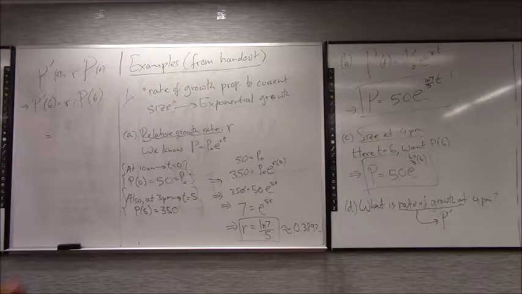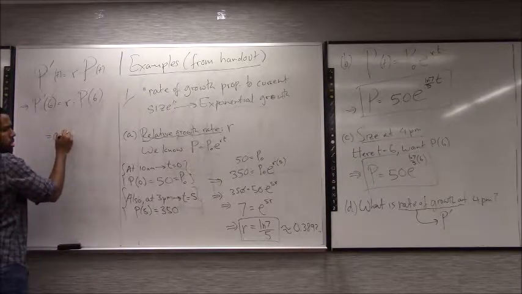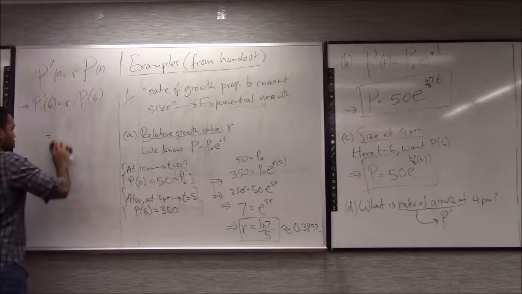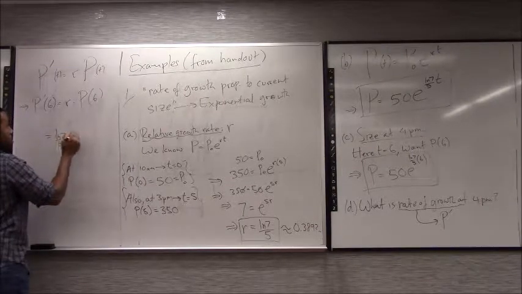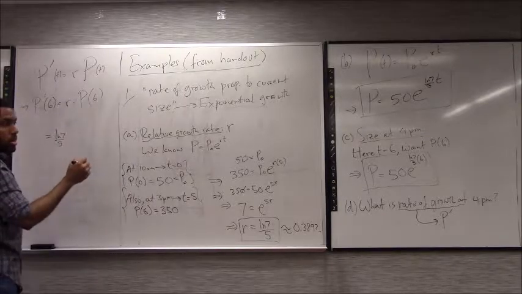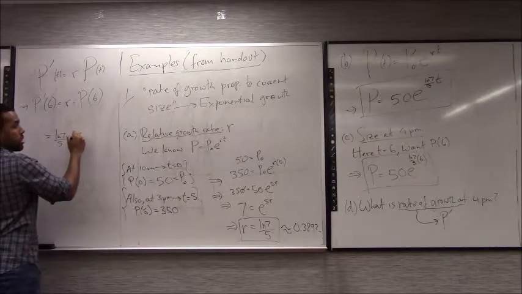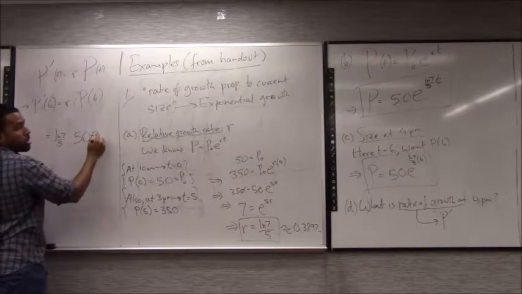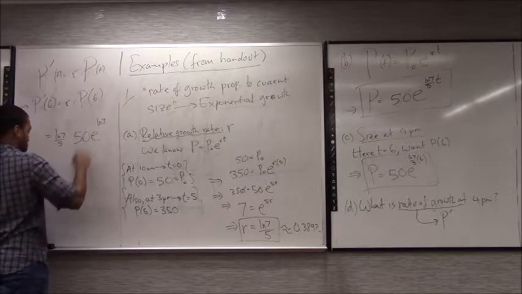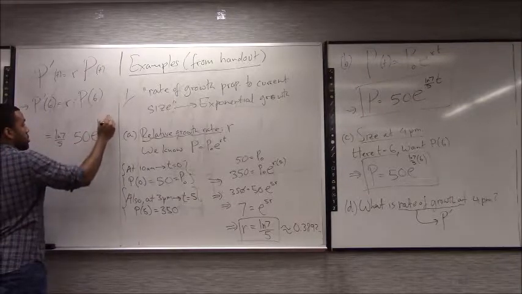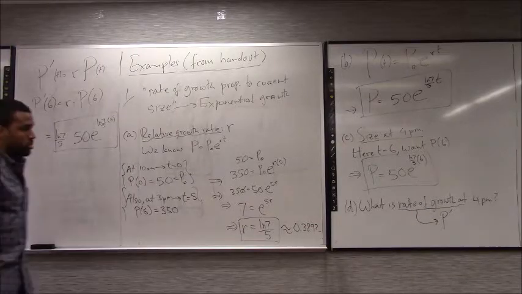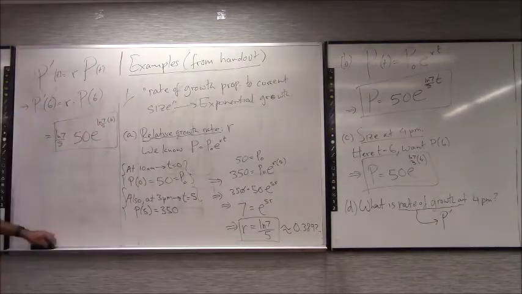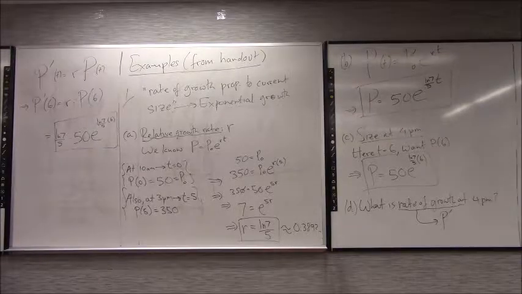I actually know what R is. Let's just put ln 7 over 5 times P of 6. I just found that, 50 e to the ln of 7 over 5 times 6. The thing is, once you have all these equations, actually answering the problems, they're not that bad.